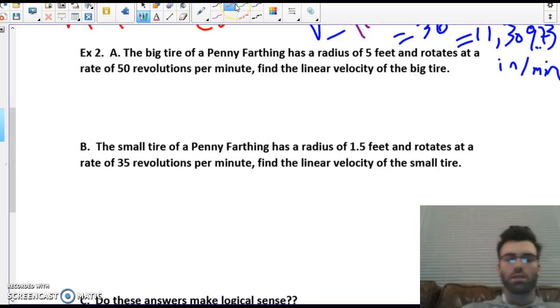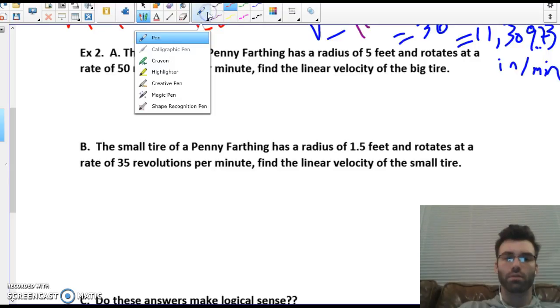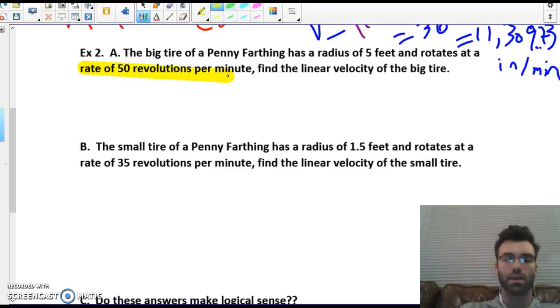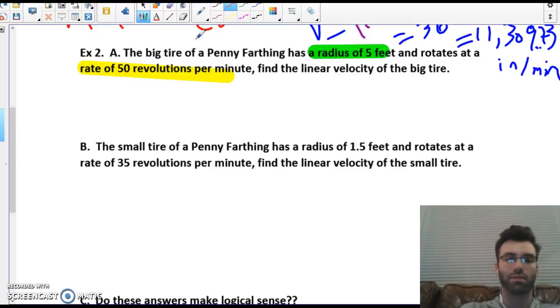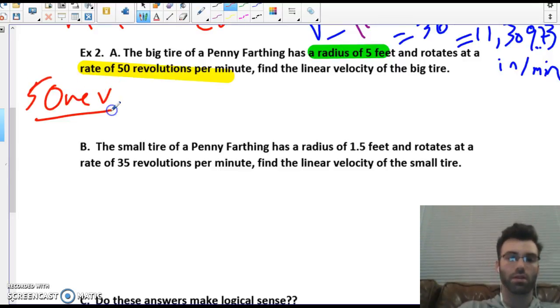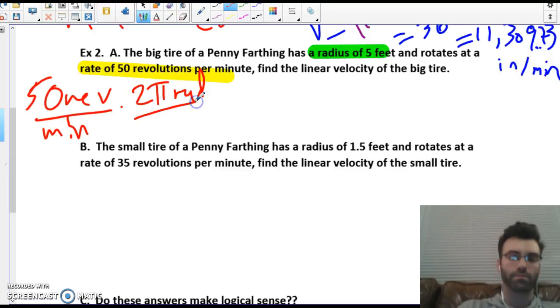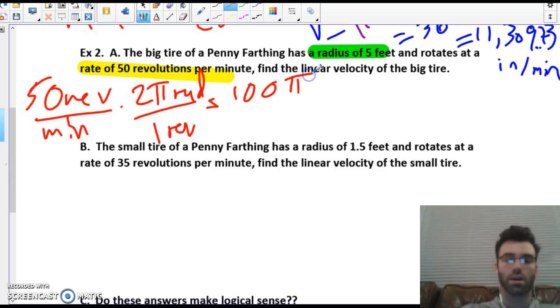Okay, so remember, it says it rotates at a rate of 50 revolutions per minute, and has a radius of 5 feet. So again, our first step here is going to be to take this 50 revs and convert it into radians. 50 times 2 pi, that's 100 pi.